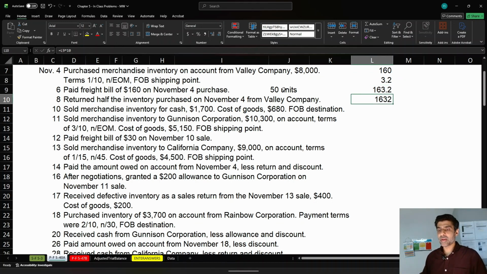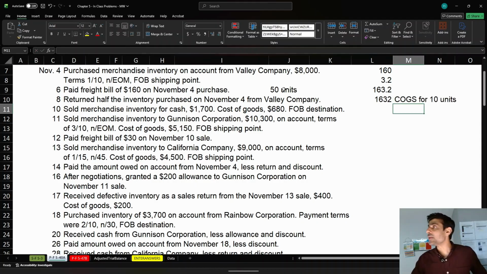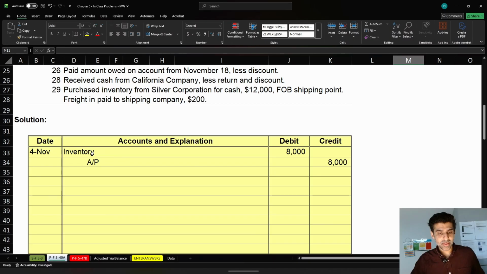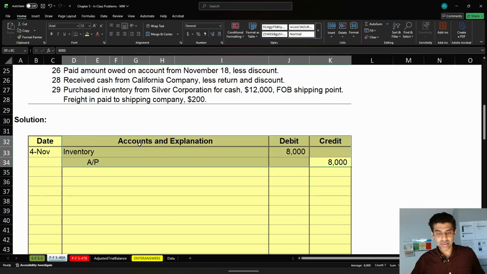So this 1,632 would be my cost of goods sold if I sold 10 of them. Does that make sense, how that freight cost would eventually be expensed? Because again, this is my cost of goods sold for 10 units. Until then, it's going to be stored in inventory, just like this 8,000.